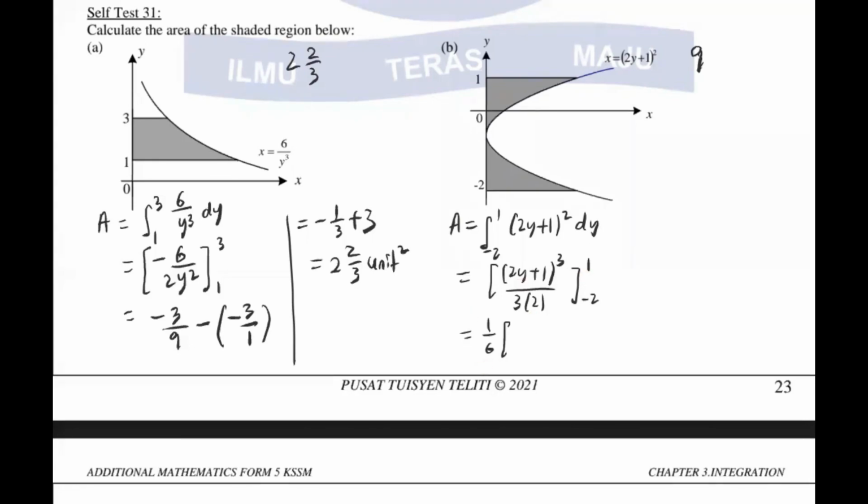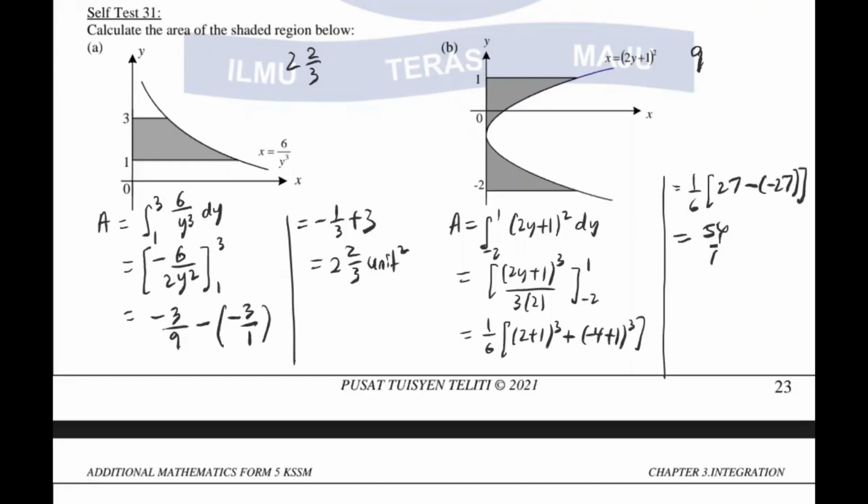So you put 1 inside, this will be 2 plus 1, and this will be 2 times minus 2 is minus 4. This is 1 over 6, 3 power 3 is 27, minus 3 power 3 is also 27. So 27 plus 27 is what? 54, right? 54 divided by 6 is 9.